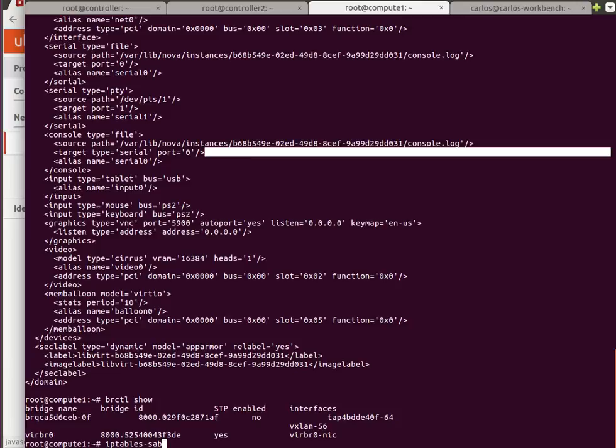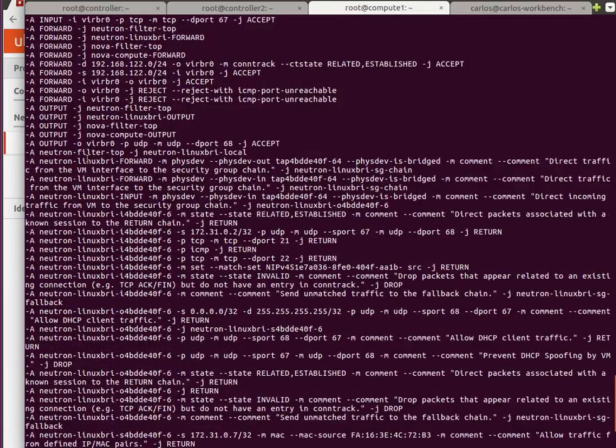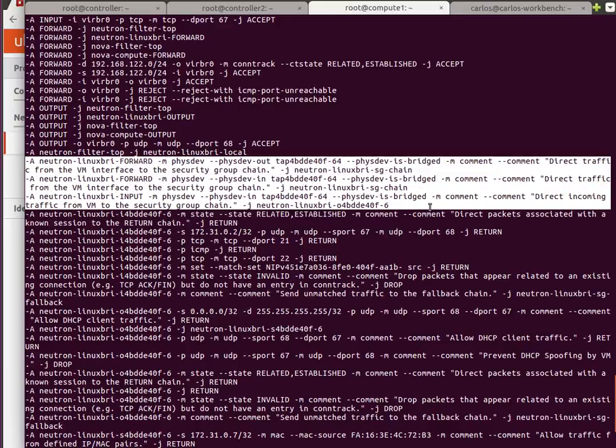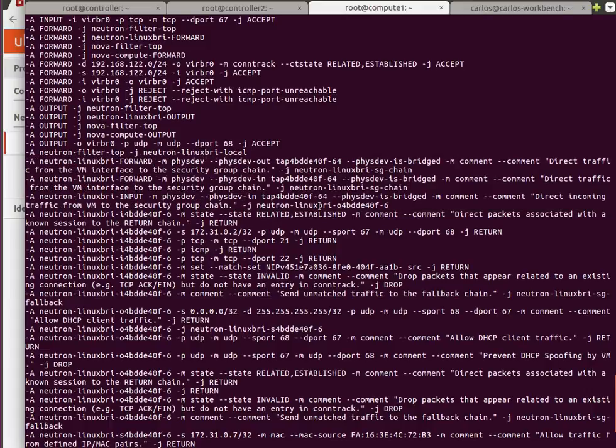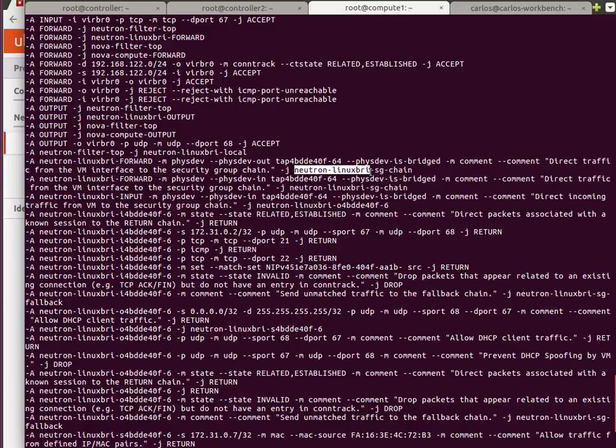So if we do an iptables-save, again, we will notice that we have this set of iptables chains, one of them being associated to TAP4B, which is the instance, telling it to forward all traffic to the neutron-linuxbridge security group chain, this one right here.